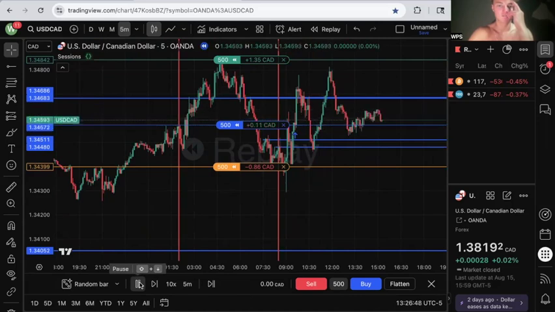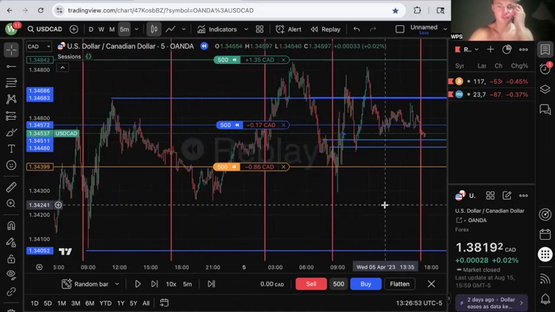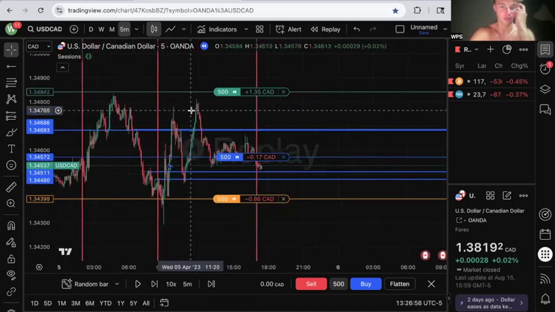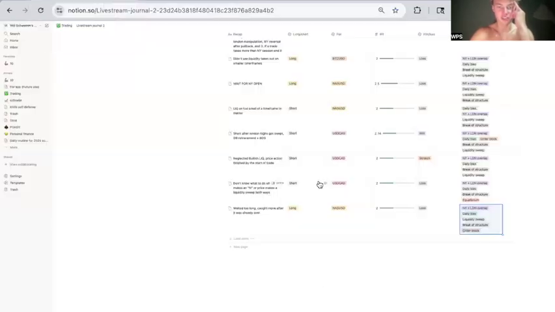I don't know. Okay, so this would be an intraday trade. I think that most of the moves are already gone. I think I'm just going to call that a scratch.